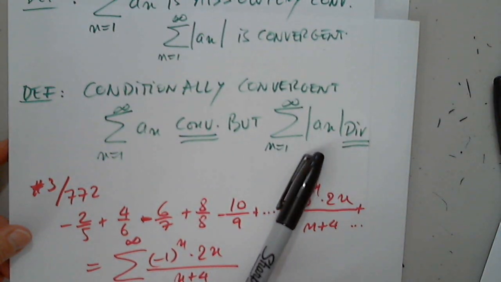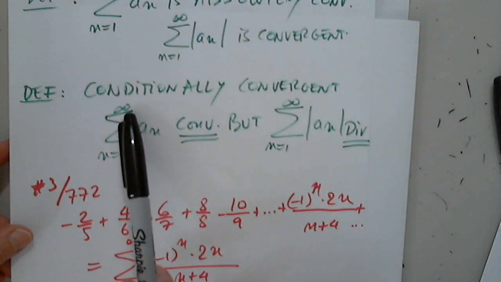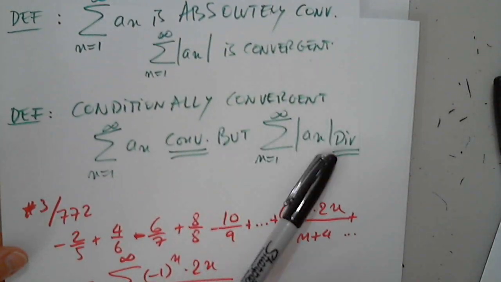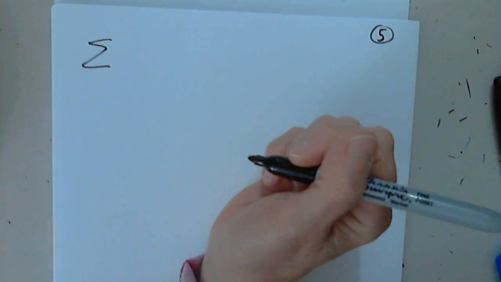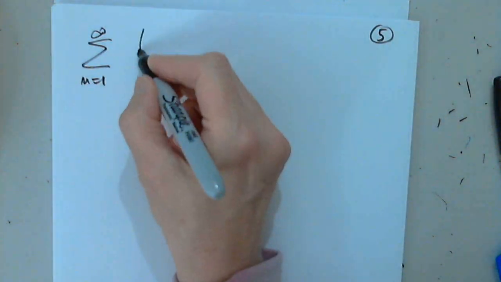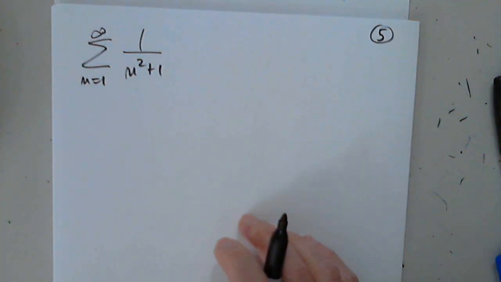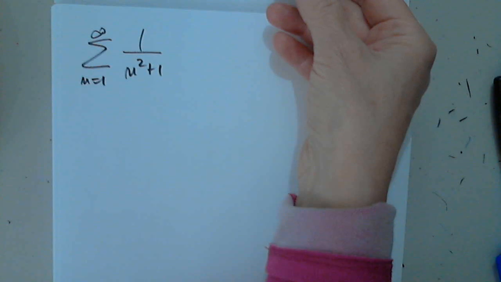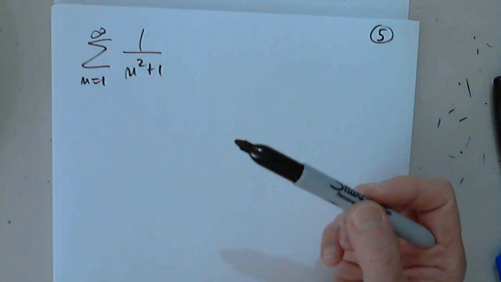We want to see if the series is absolutely convergent. So the question, and that's number 5, is now if this is convergent. If this is convergent, then we conclude that the original series is absolutely convergent.